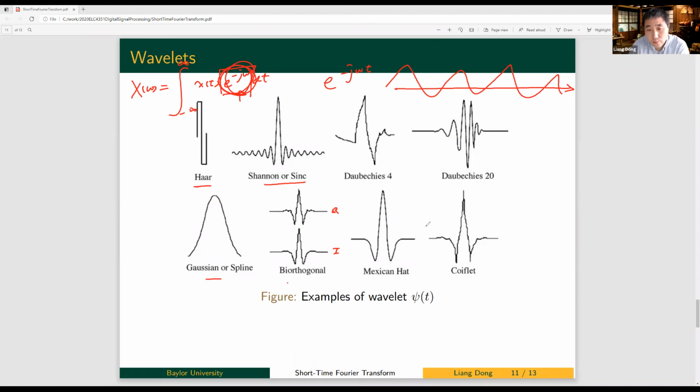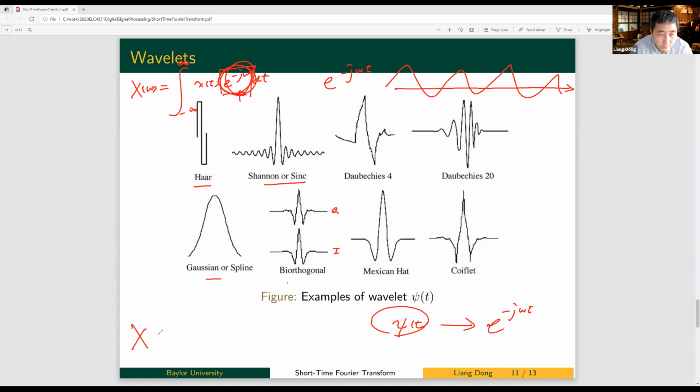So we are using this wavelet, called psi(t), to replace this long wave, which in the regular Fourier transform is e to the negative j omega t. This is a long wave. We are using a short wave to replace that. So what is a wavelet transform? Well, that's simple, right?